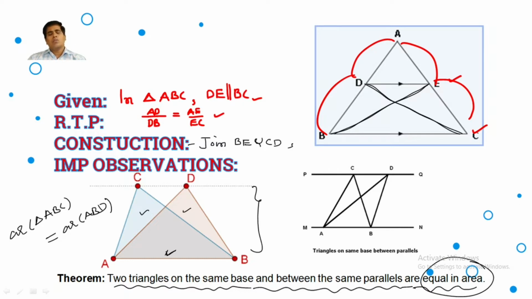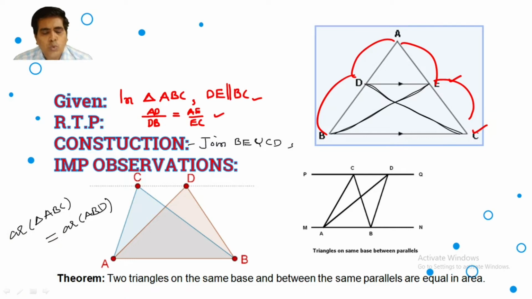Here also I will give a small hint on whether the areas are equal or not. Why is the area of these two triangles equal? It's a simple concept. We can use half into base into height. Based on that, we can prove that these two areas are equal.